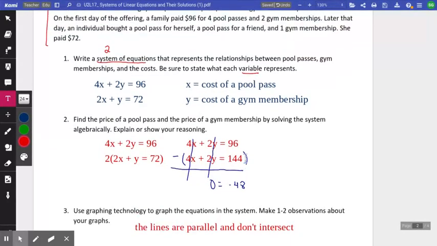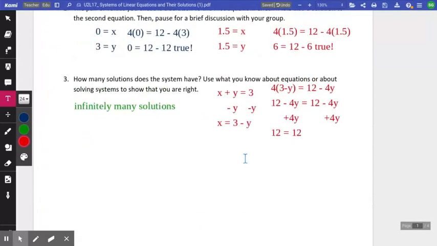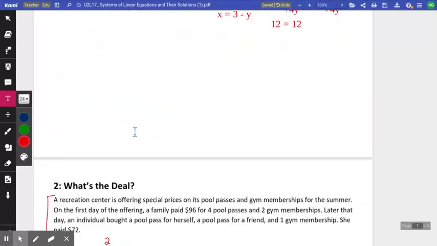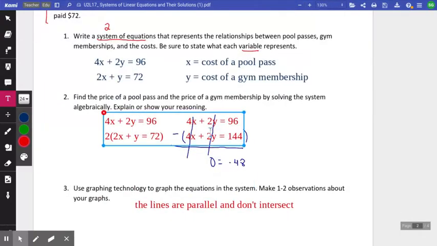This is similar to what happened earlier. Remember earlier when we went to solve, I got 12 equals 12. We got something that was true, and therefore we said there were infinitely many solutions. Down here, both of my variables eliminate, and I'm getting something that's not true. 0 does not equal negative 48.